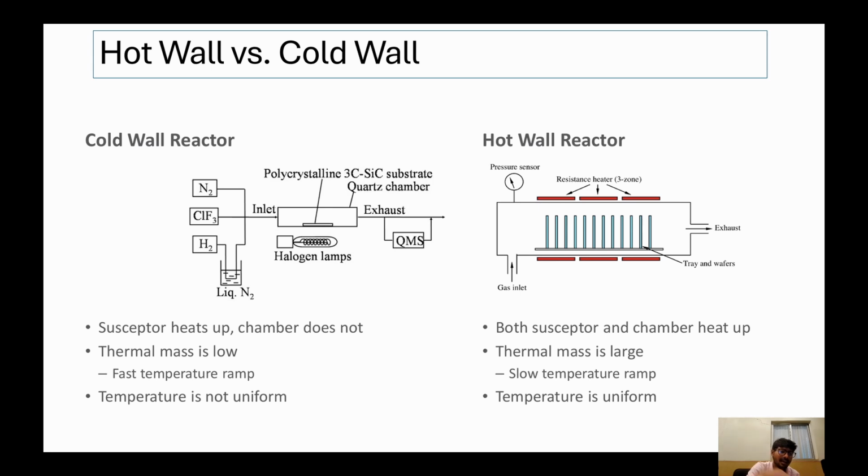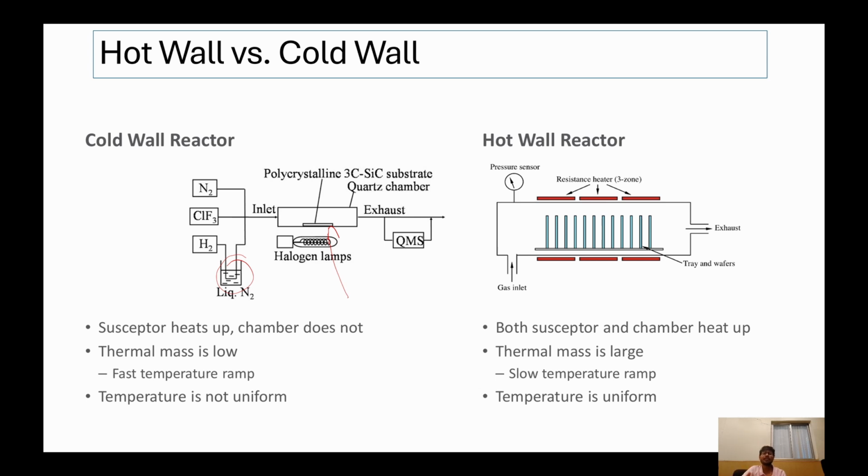In this case let me show you some things. There is liquid nitrogen, and hydrogen, and what they are depositing is a silicon carbide substrate, 3C polycrystalline, or whatever they are depositing. In this one they are just heating the substrate, not the whole chamber. So here you can have smaller heaters just to heat the substrate.